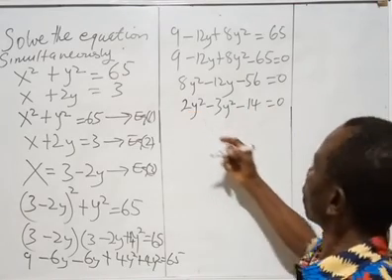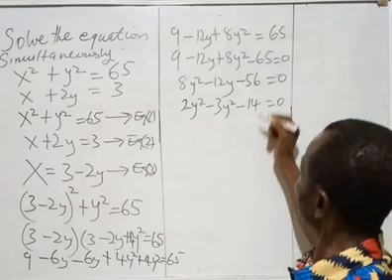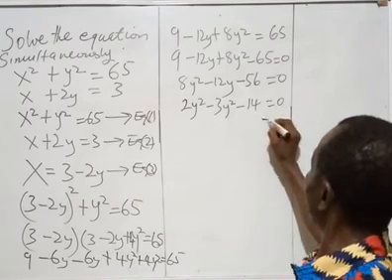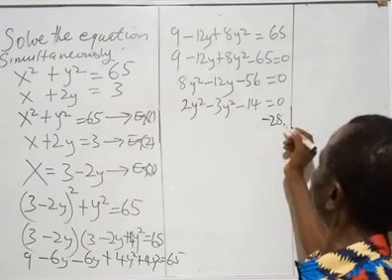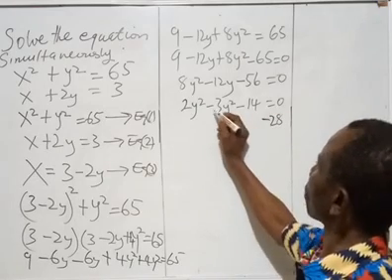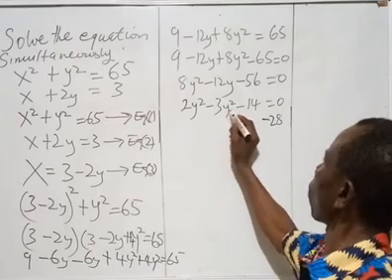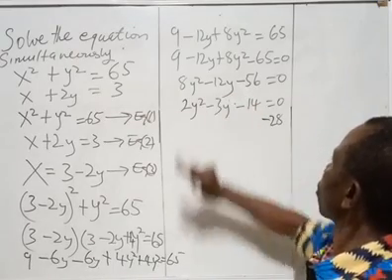You pick 2, the coefficient of y squared, multiply with the constant, which is minus 14, that gives you minus 28. You now think, what do you do to manipulate this so that when you add or subtract, you have the coefficient of y to be minus 3.